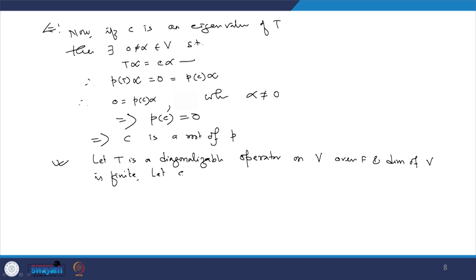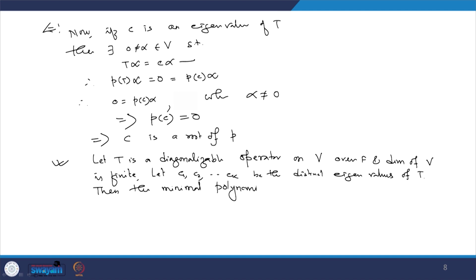Let c1, c2, ..., ck be the distinct eigenvalues of T, then the minimal polynomial of T will be p(x) equal to (x minus c1) into (x minus c2) into ... (x minus ck).